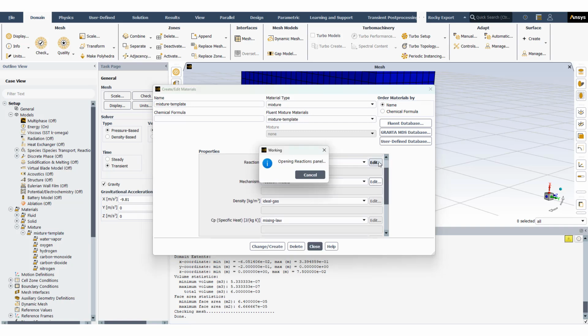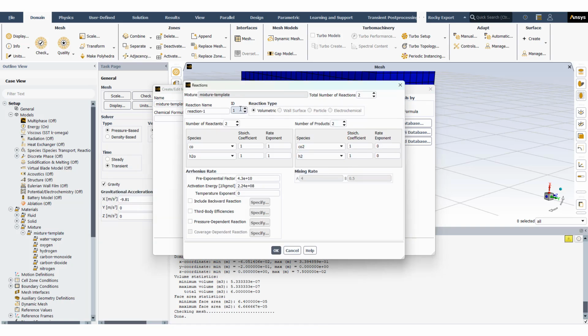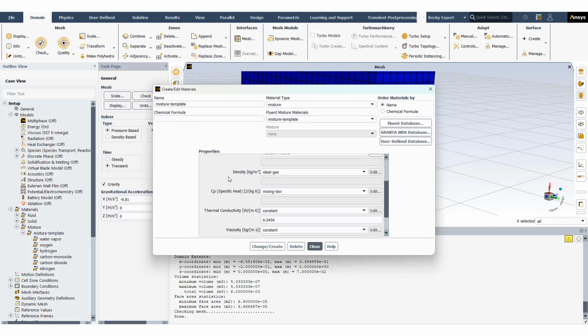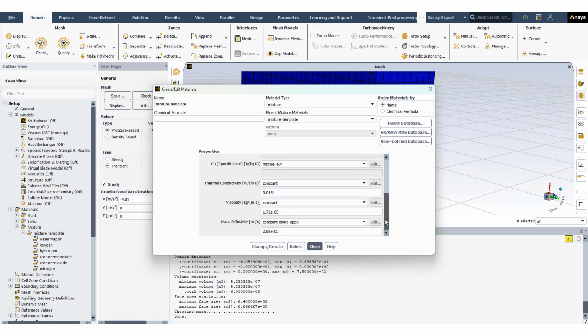For reaction rates, we have two reactions: CO and H2O forming CO2 and H2, and another reaction is CO getting oxidized by oxygen and forming CO2. The density is set to ideal gas. There's not much to it. The default settings for air are used here.